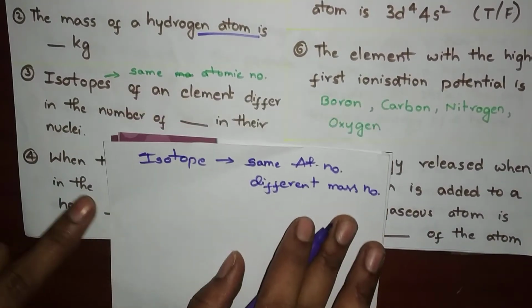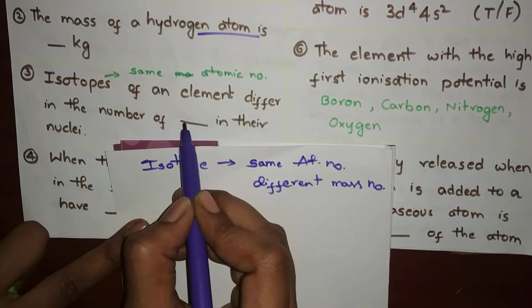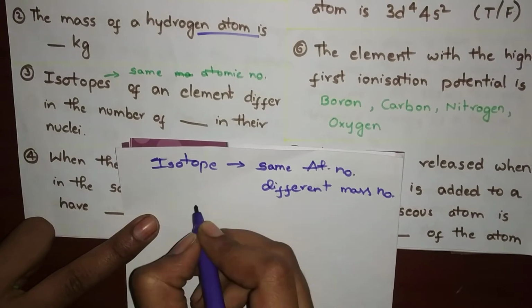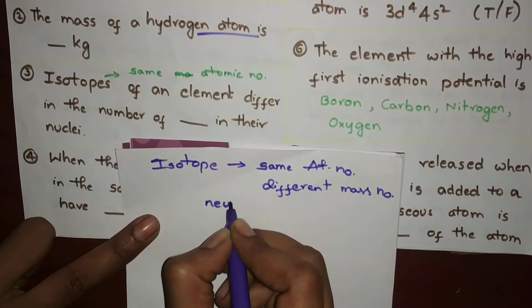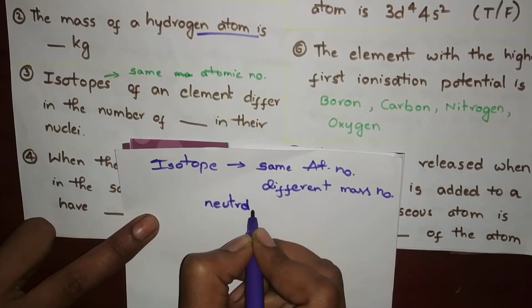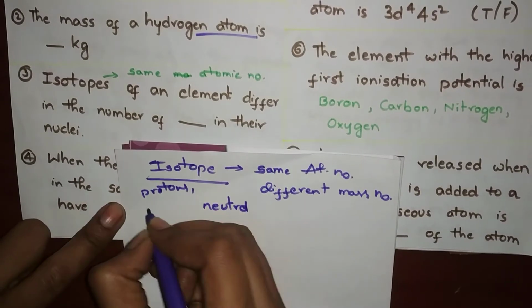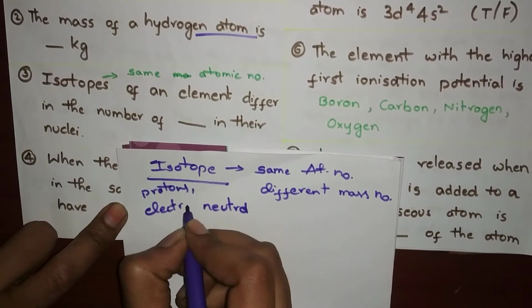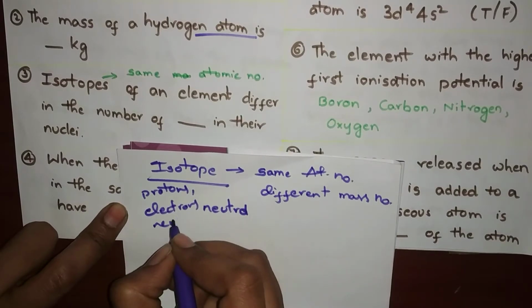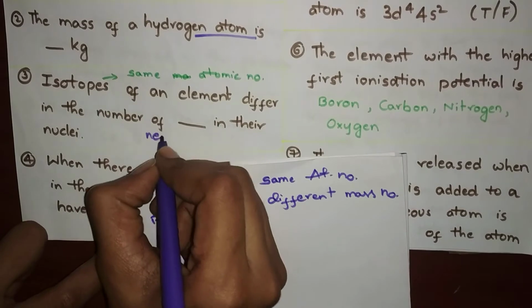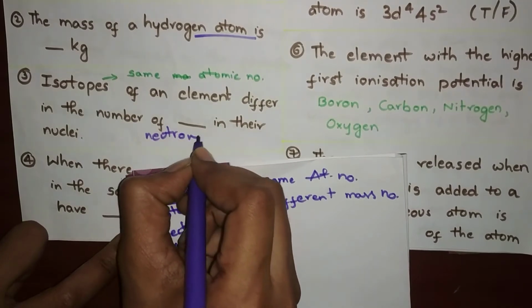So different in mass number. Here number of dash in their nuclei. So definitely that will be neutrons. Because isotopes means protons, electrons same, neutrons are different. Neutrons are different. So the answer is neutrons.